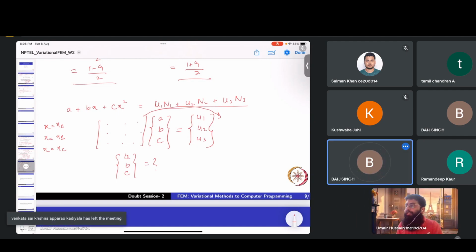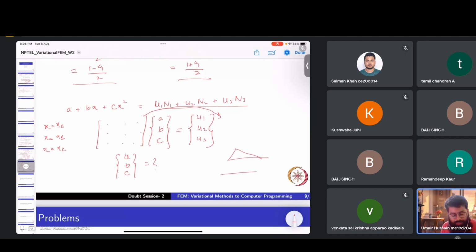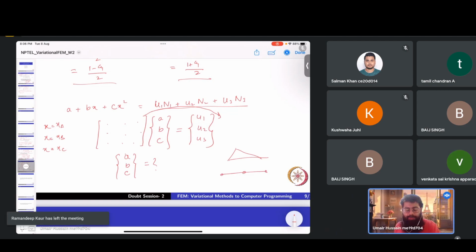You'll appreciate this more in 2D elements. If we have triangular elements, we cannot have a zero area triangle. That would give us a non-invertible matrix. We can't have a 2D element like this.